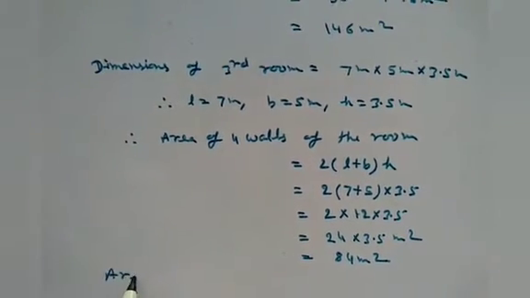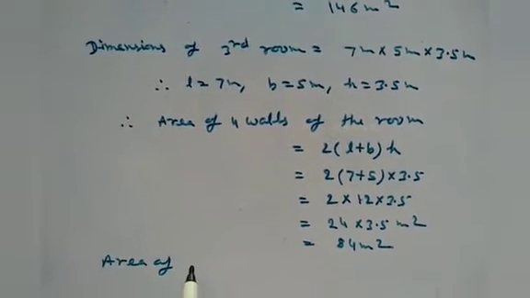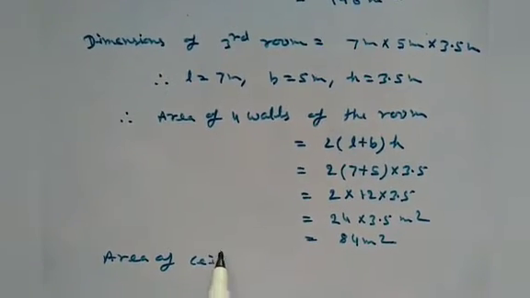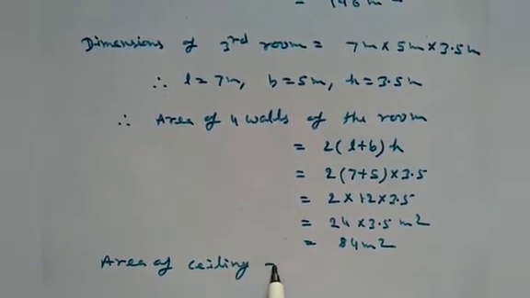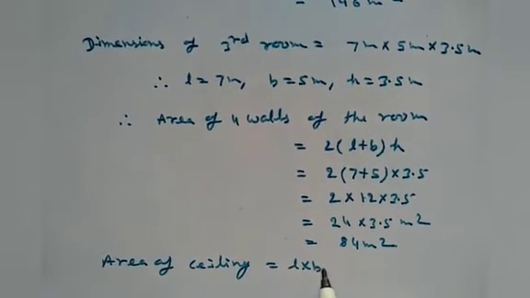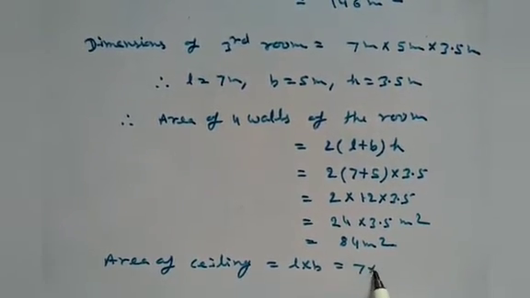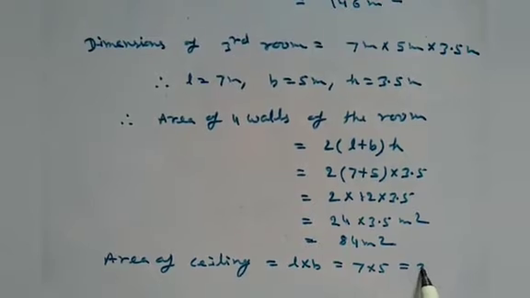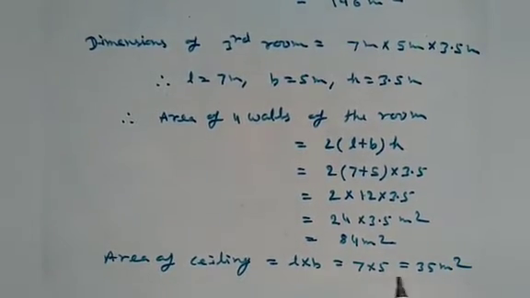Now area of ceiling equal to L into B, equal to 7 into 5, equal to 35 meter square.